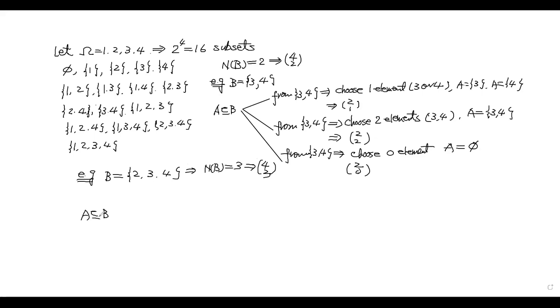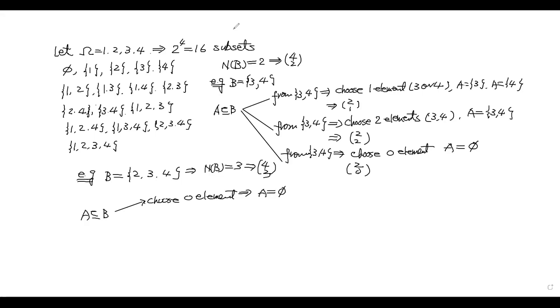Okay, so now let's take a look at what type of situation. If A is a subset of B, the same thing here. If I choose 0 elements, what is A? The empty set, right?